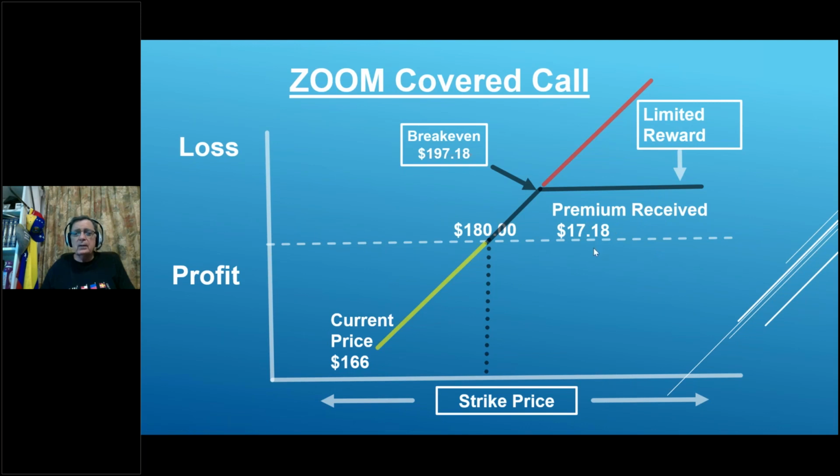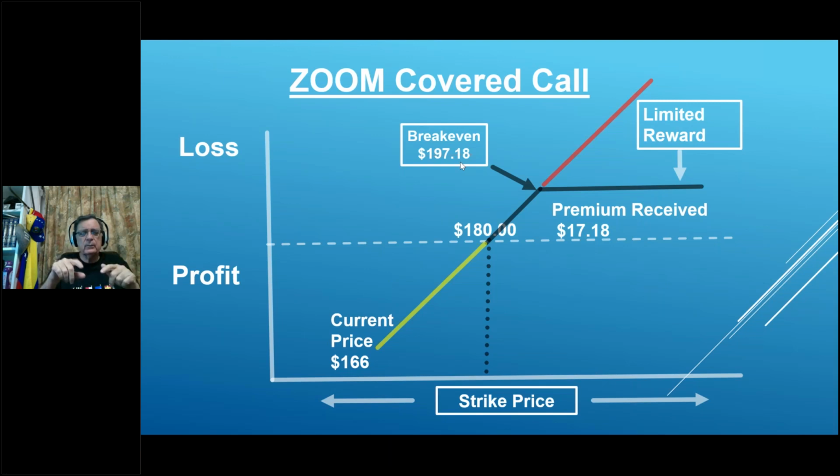The premium I got plus the strike price gives you my break even. I'm calling it break even, it's really my total revenue. I am not going to be able to continue making money on the way up. This thing can go to 220, 230, 250, wherever it goes. At 180, I'm out. But I'm going to have an equivalent of $197.18.